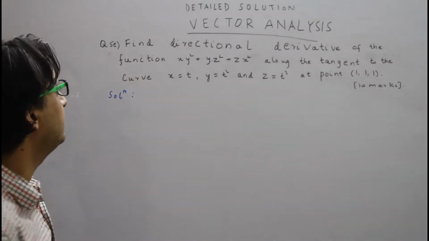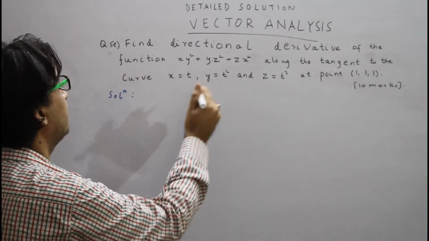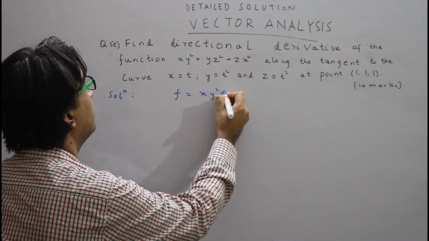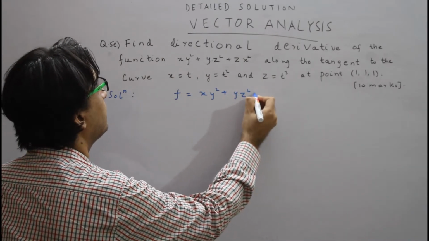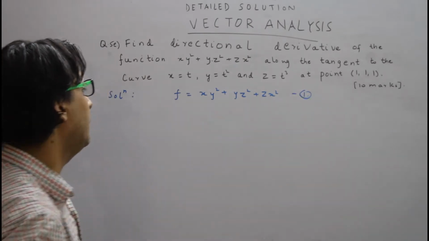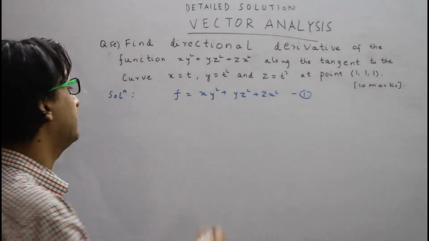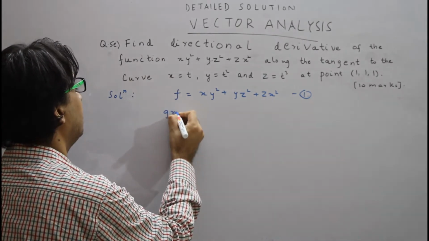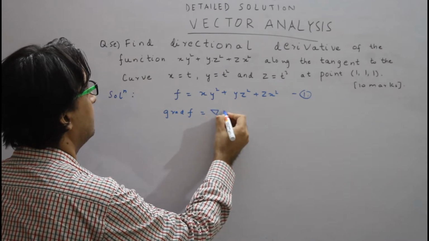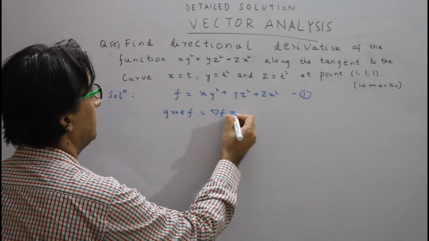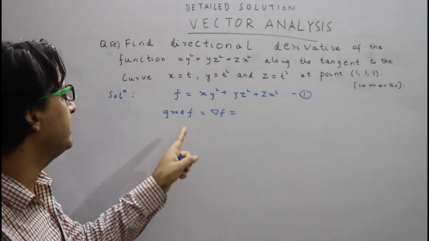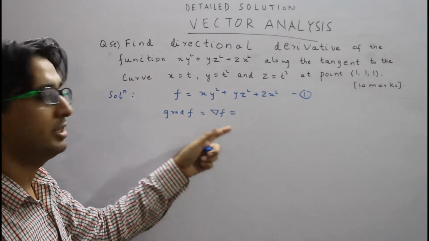We have to find the grad. We will take this function as f. Now we have to find the gradient, that is grad of f. This is a scalar function, and we know the gradient of a scalar function is a vector quantity.